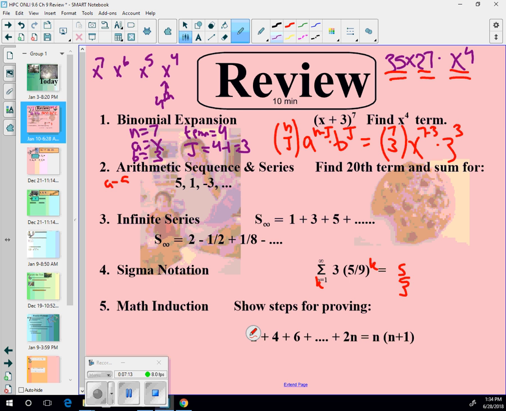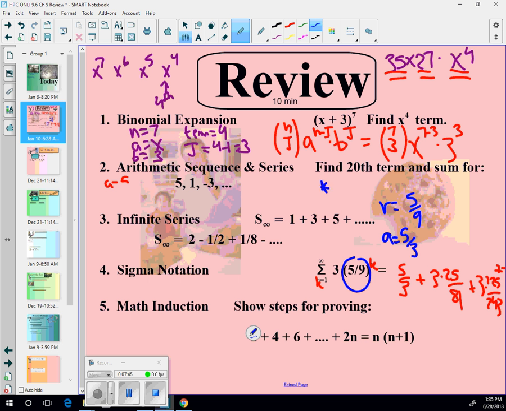The next one is going to be 3 times 25/81s, and then it's going to be 3 times 125 over 243, and keep going here. Looks like the first term is 5/3. Looks like the ratio is 5/9.